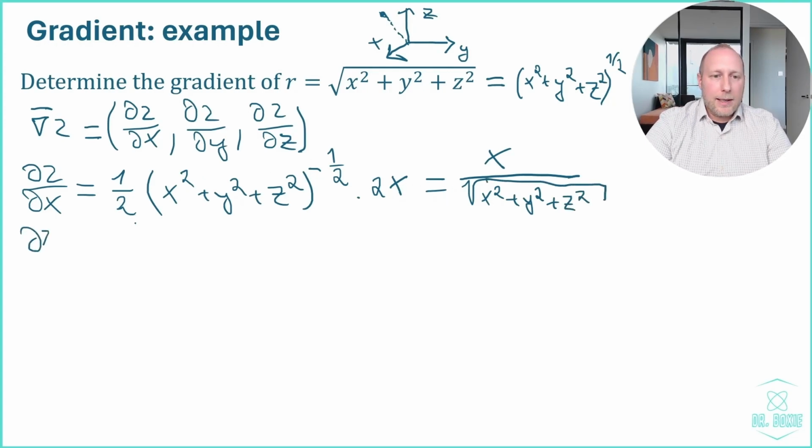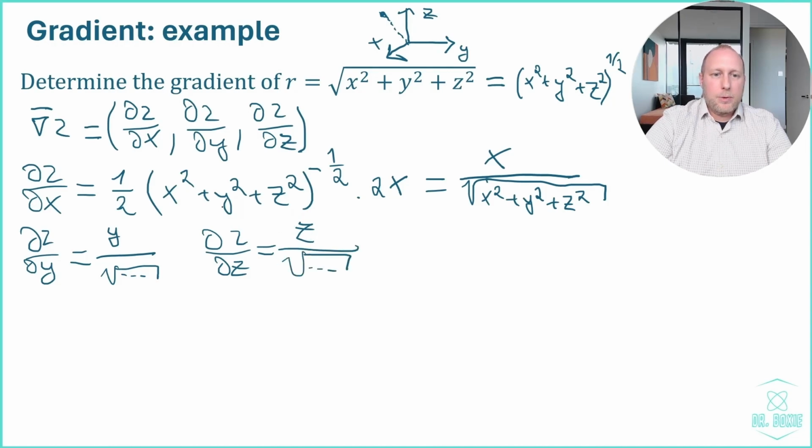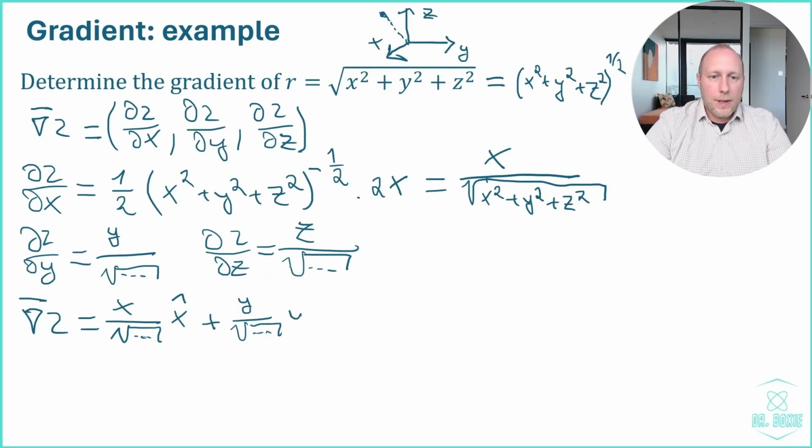Similarly, if we were to calculate dr dy, you would get y divided by that square root, and dr dz would be z divided by that square root. Taking all of this together, we find that the gradient of r is a vector, and it can be written in the following way: x divided by that square root times x hat plus y divided by the square root times y hat plus z divided by the square root times z hat.